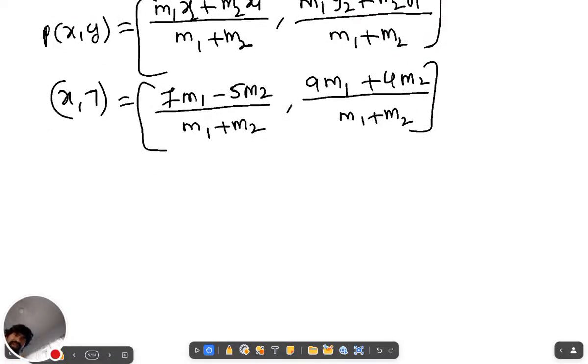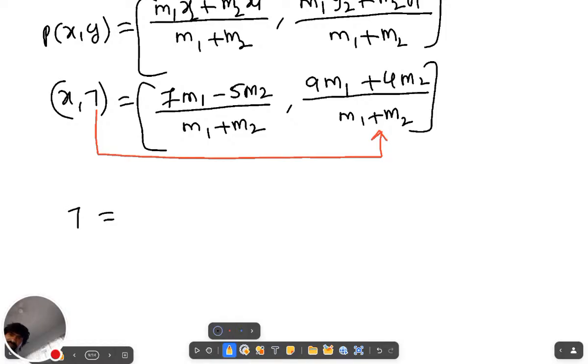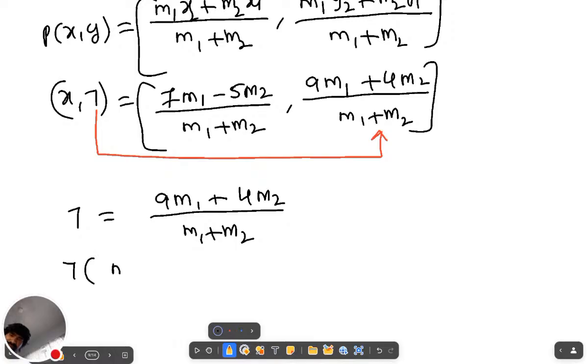To find the m1, m2 values, let us take the second part and equate 7 to 9 m1 plus 4 m2 whole by m1 plus m2. Bringing m1 plus m2 to the left side, it becomes 7 into (m1 plus m2) equals 9 m1 plus 4 m2.